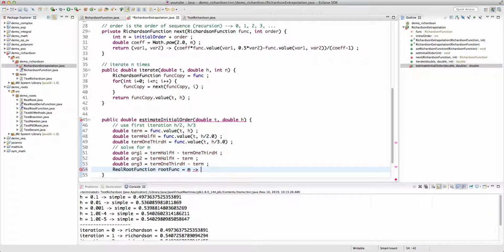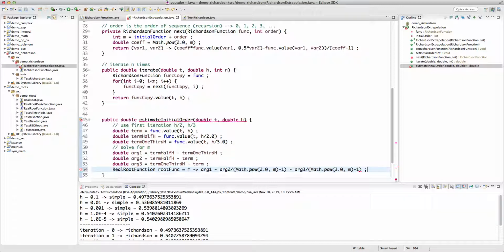basically arg1, okay, minus arg2 over math.pow 2 to the m minus 1, and minus arg3 divided by math.pow 3 to the m minus 1.